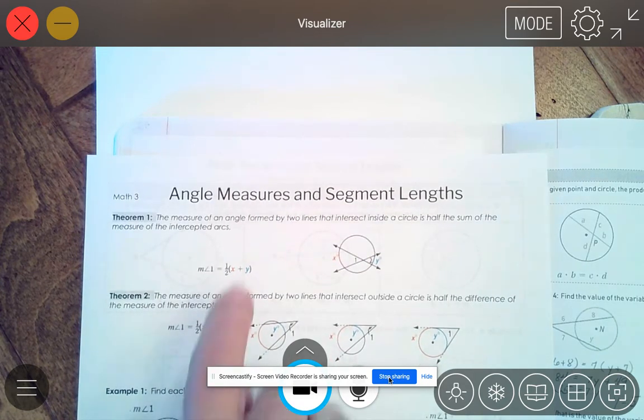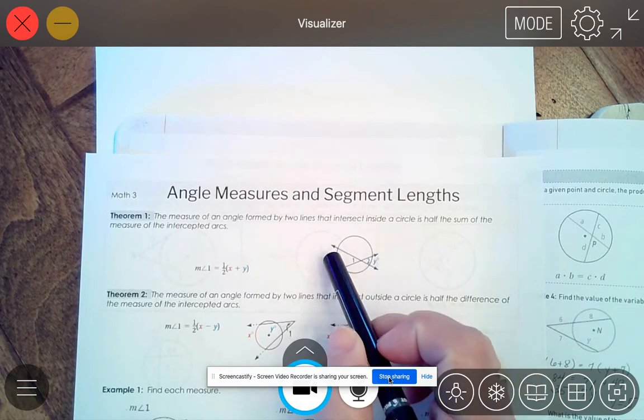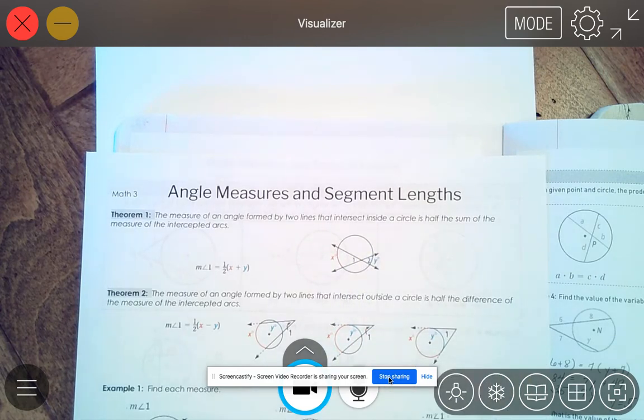We have two theorems up here, Theorem 1 and Theorem 2. The one that you have looks a little different. Theorem 1 says the measure of an angle formed by two lines that intersect inside a circle is half the sum of the measure of the intersected arcs. So if I know what this arc is and this arc is, I can add those together and take half of it and get the measure of angle 1. And since these are vertical angles, the measure of angle 2 also.